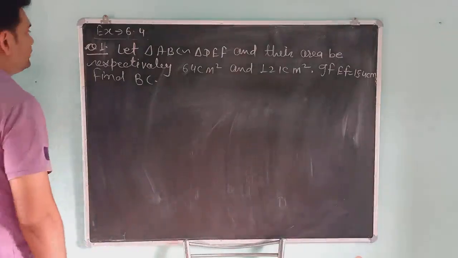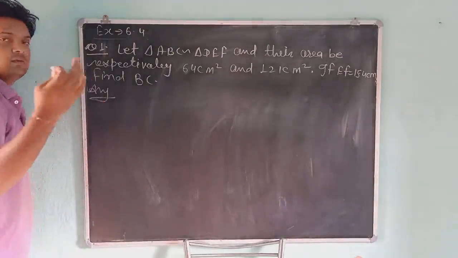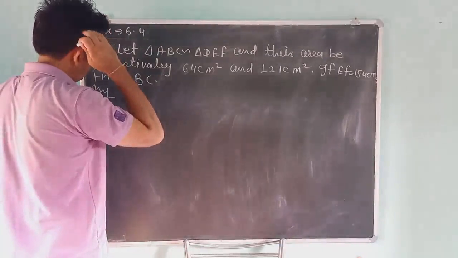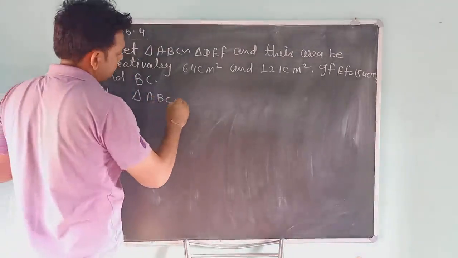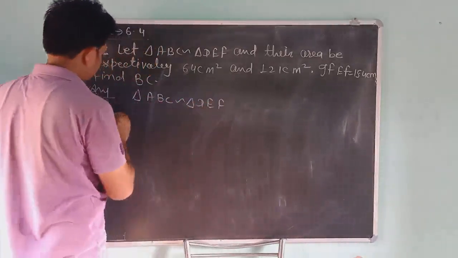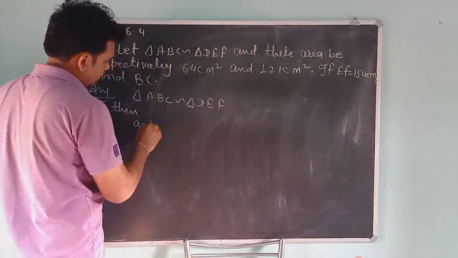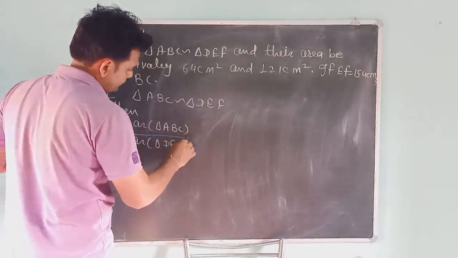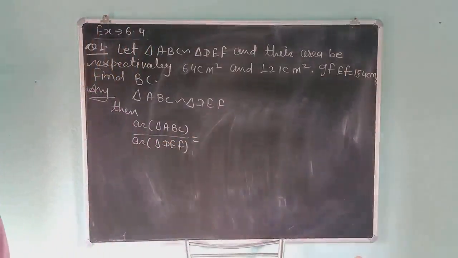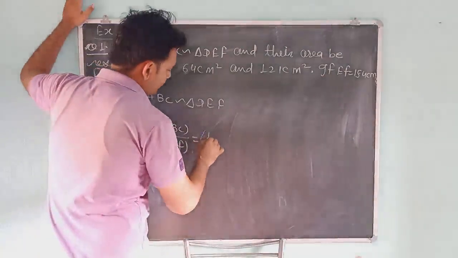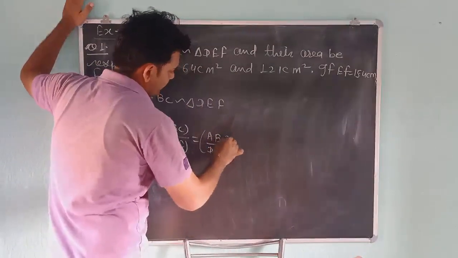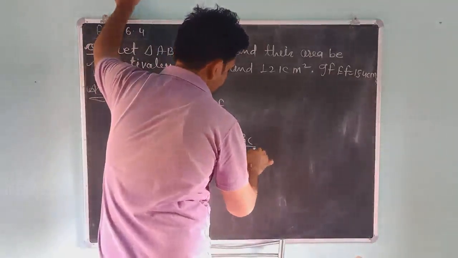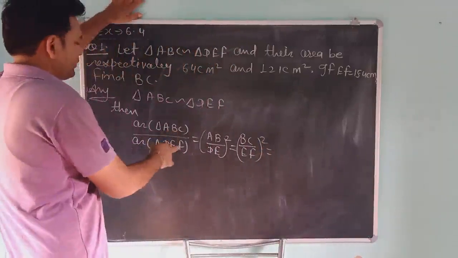Okay students, according to theorem 6.6, if triangle ABC is similar to triangle DEF, then area of triangle ABC upon area of triangle DEF is equal to AB upon DE whole square equal BC upon EF whole square equal CA upon FD whole square.